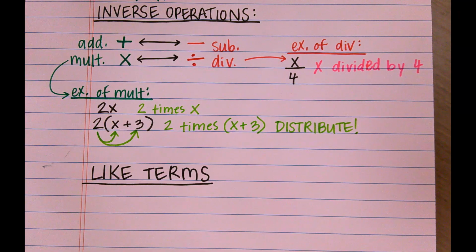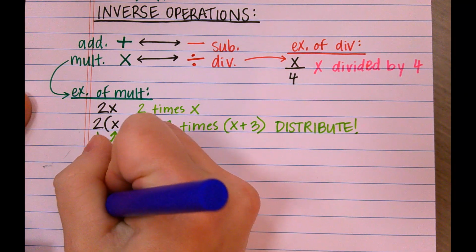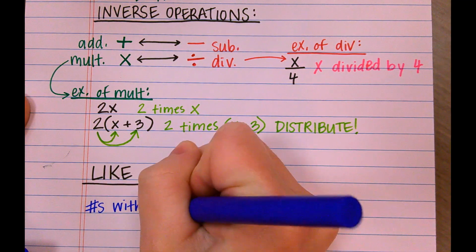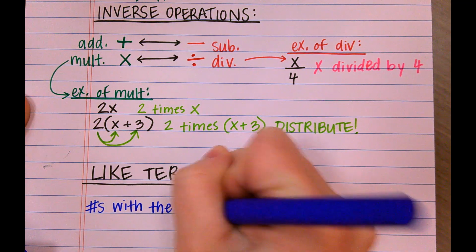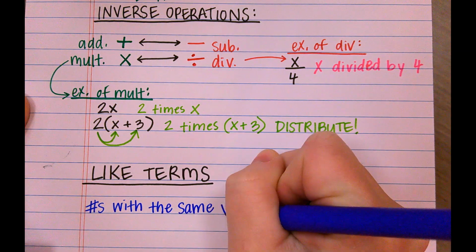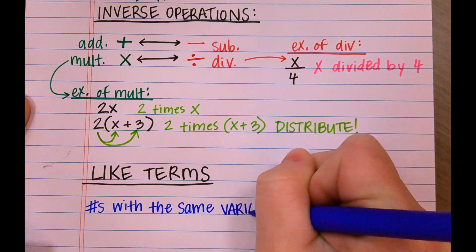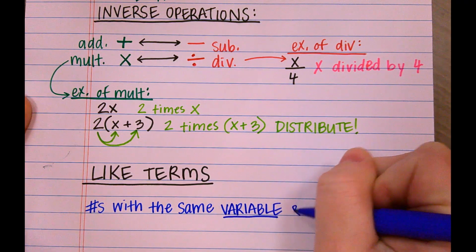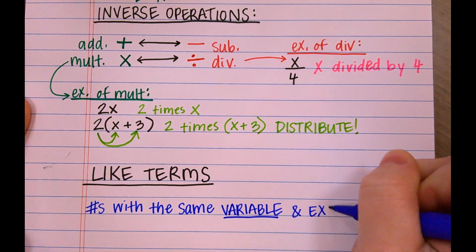So like terms are numbers with the same variable and the same exponent attached. So I'm going to write that little definition out. Numbers with the same variable and exponent.